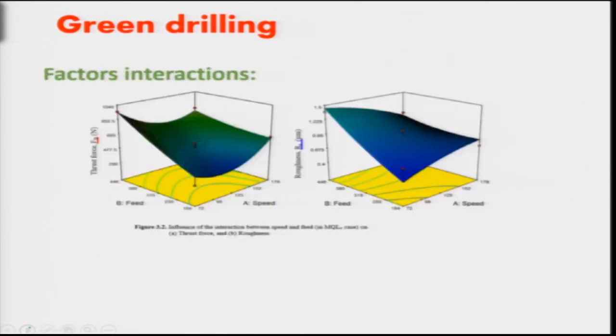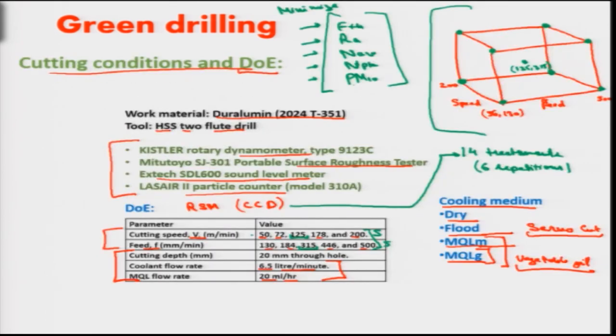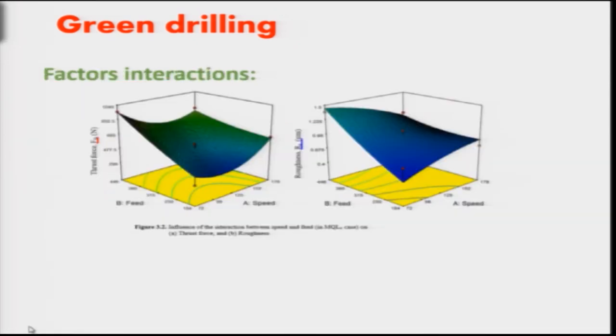Once we conduct these 14 experiments, we got these kinds of plots and the data. So this is the factor interactions: interaction of feed with speed in thrust force, interaction of feed and speed in roughness.